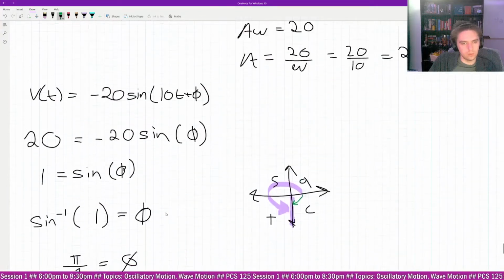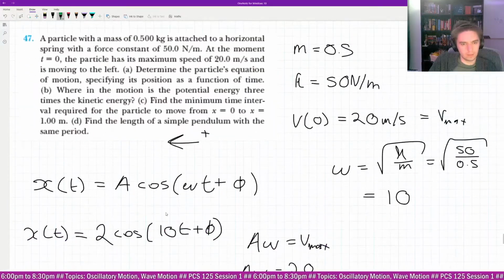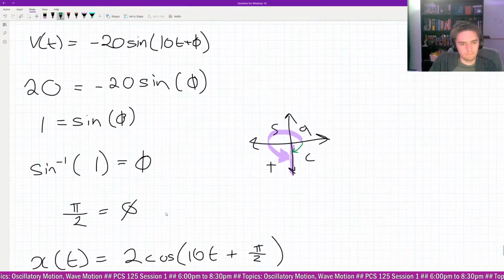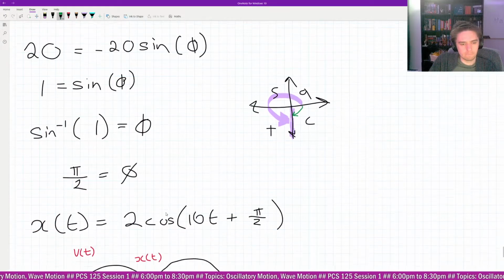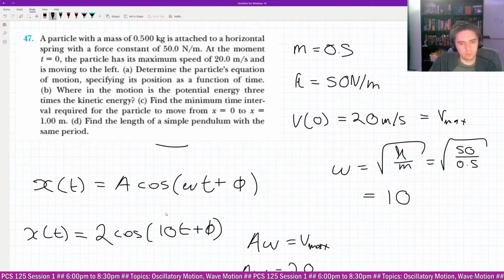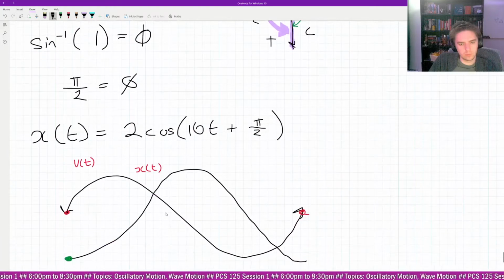Okay, so what was I saying here? They still took right as positive, because when we graph it, when you do plus pi over 2, that means it's going to go down first. But when we did 3 pi over 2, it made it go up first into the positive.